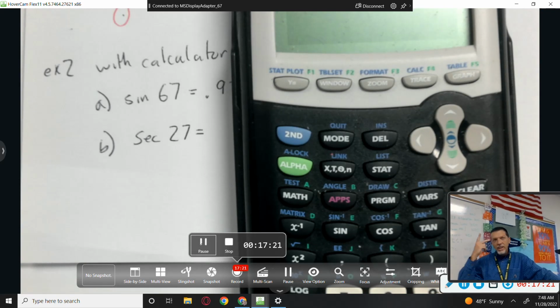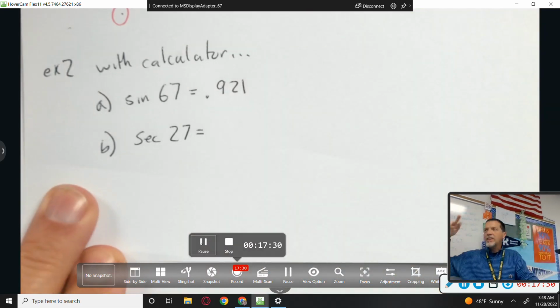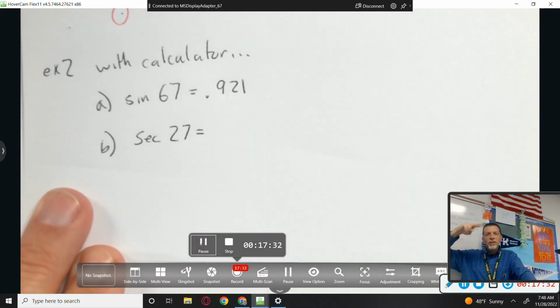But who is secant partners with? Cosine. And when I say partners, I even gave the hint with my finger motion here. Let's don't say inverses. Let's use another fancy math word. It means flip it over. Reciprocals.